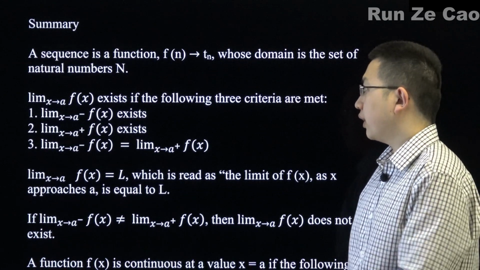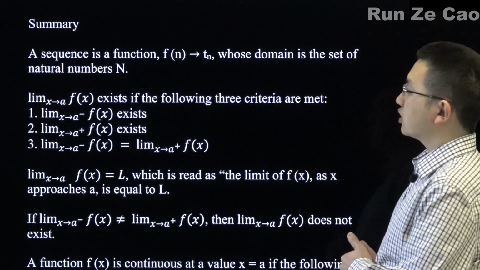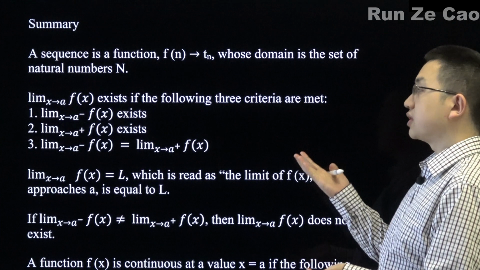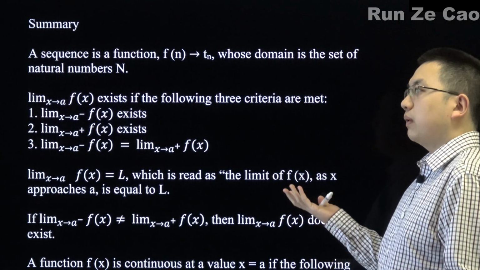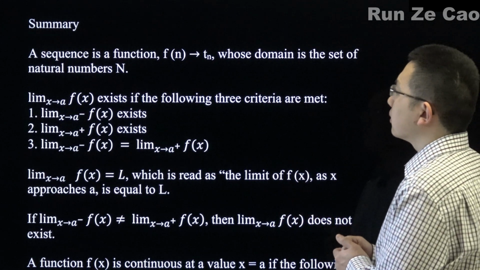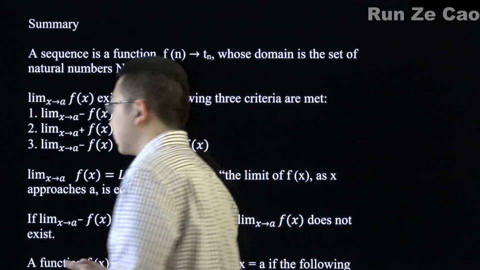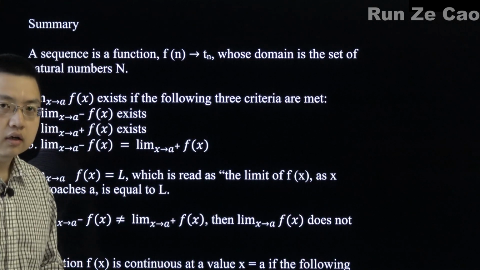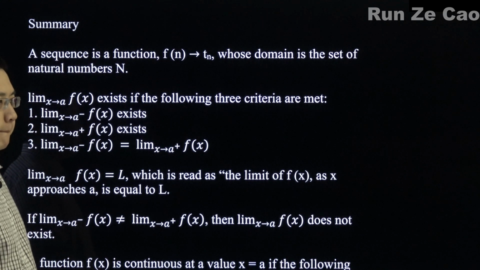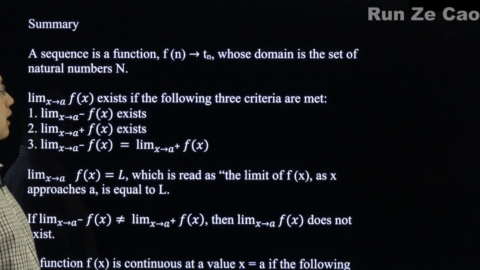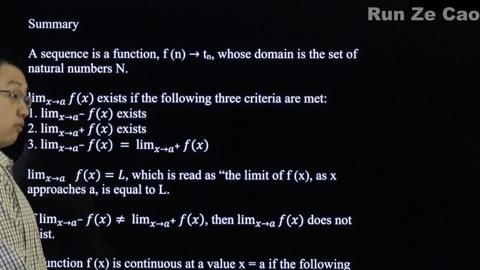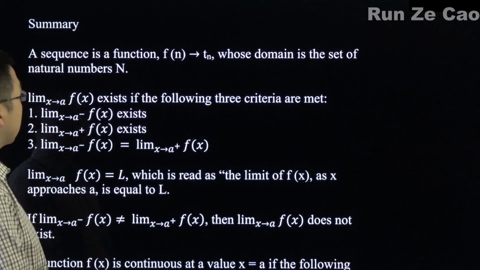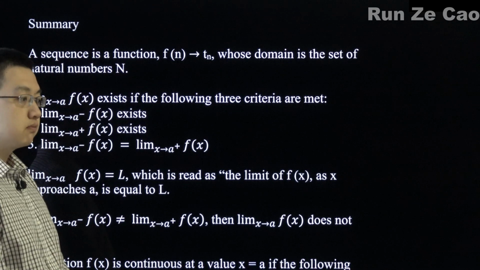Continuing, in summary, a sequence is a function f of n, which is Tn. Wait a second. What's the difference between f of n and Tn that makes this an arrow instead of an equal mark? What about, say, n equals 3.9 or 2.5 or whatever, non-integers?